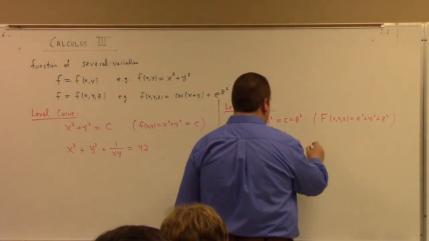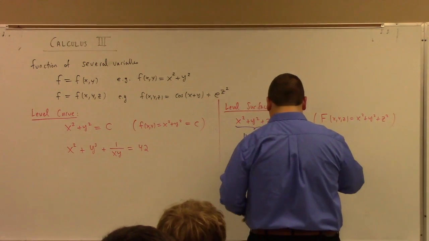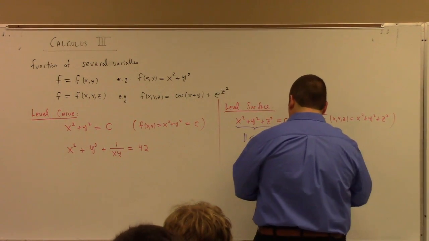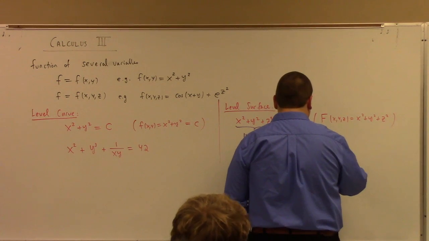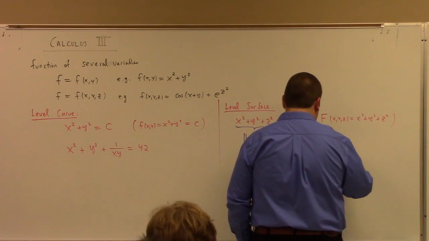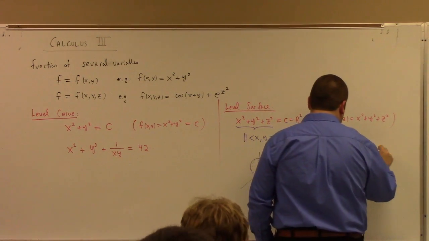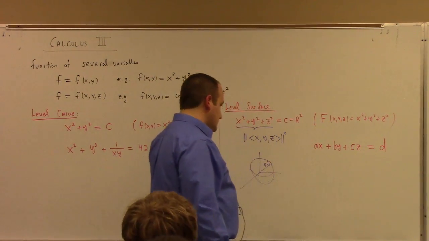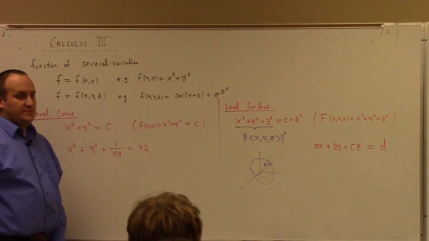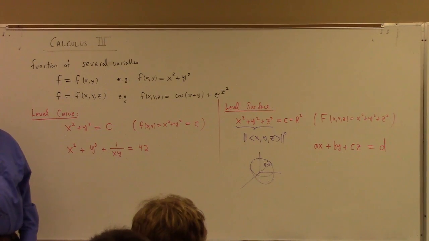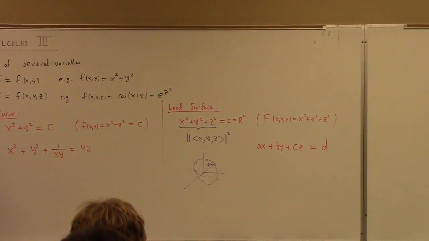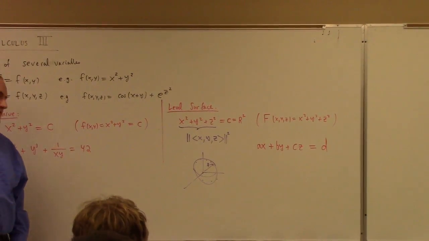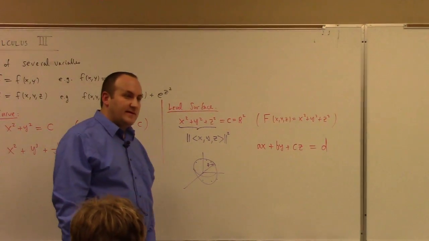Let's see, here's another one. How about this? Another example before I get into the calculus here. How about this? ax plus by plus cz equals d. That's a level surface. Yeah, that's a plane. And if you know it's a plane, you probably had Calc 3 before, right?